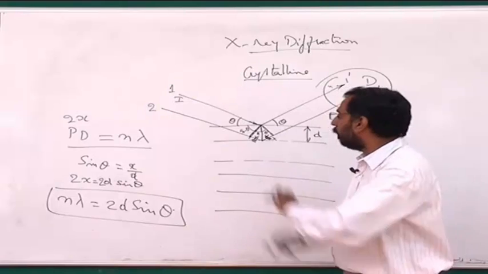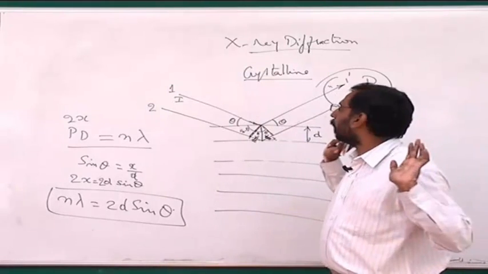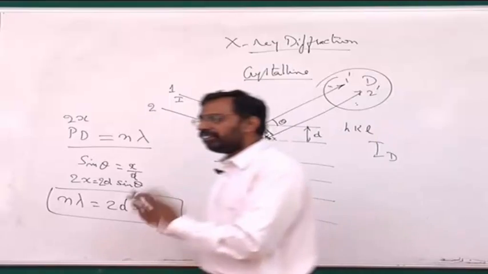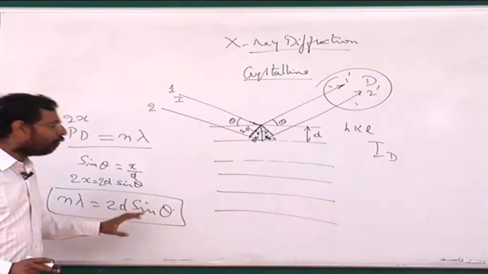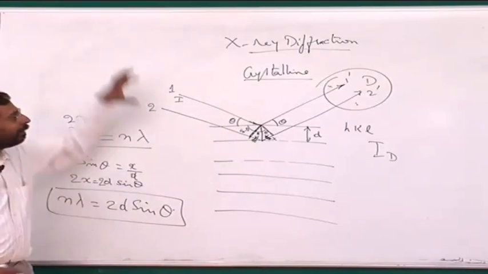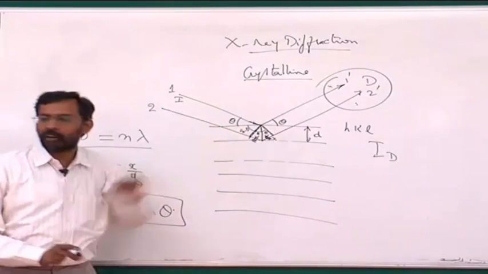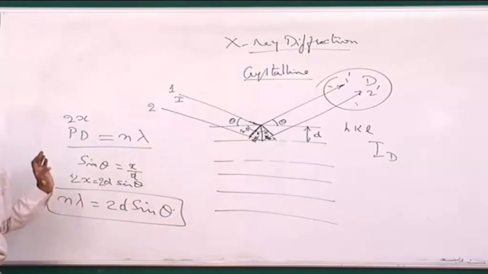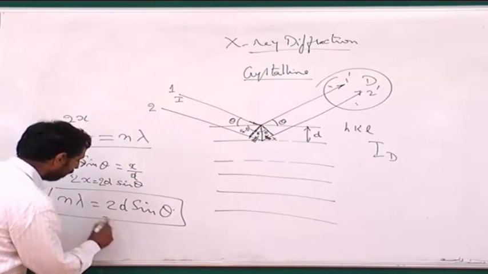And this is the whole of X-ray diffraction. Incidentally, this is true even for electron diffraction. Any beam that is falling, whether it is an X-ray beam or an electron beam, this condition has to be satisfied. So this is the condition for diffraction.